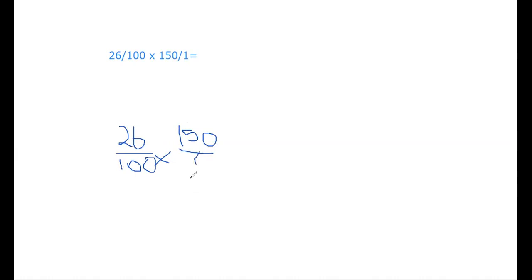Okay, so in this case, guys, you need to check your opposite numbers and try to find out the highest common factor. This is what you need to find out first before you can simplify. So we need to check our opposite numbers, right? So 26 is opposite to 1 and 150 is opposite to 100.